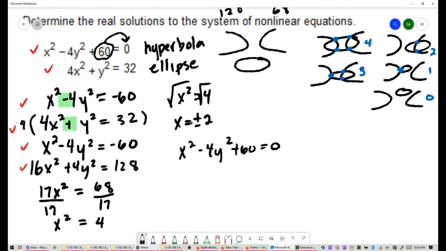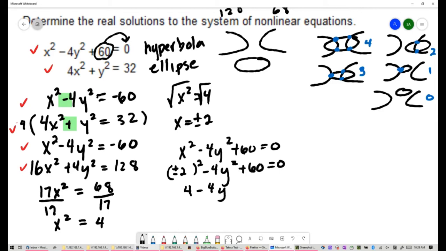If x is a 2 or a negative 2, this is going to come out the same, so I can actually do this at the same time. Plus and minus 2 squared minus 4y squared plus 60 equals 0. A positive 2 squared is 4, a negative 2 squared is 4, and that's why I was able to do those both at the same time, because it's coming out the same.